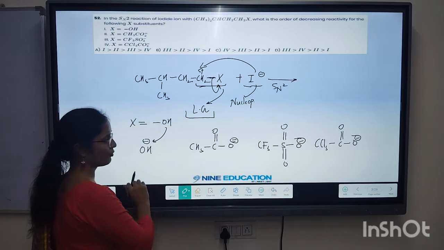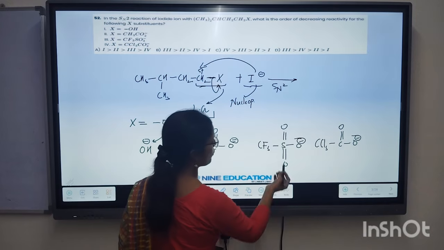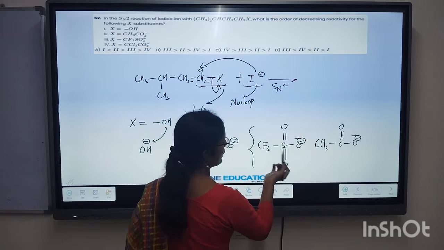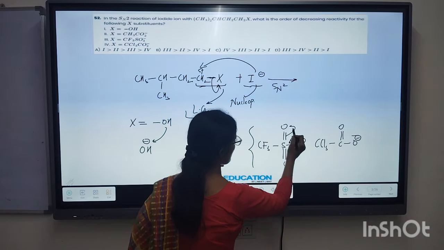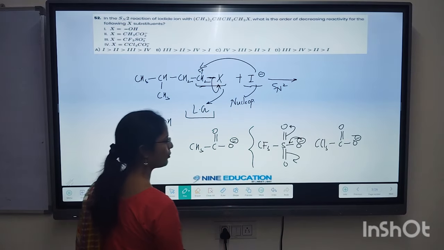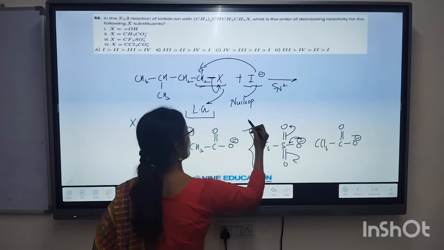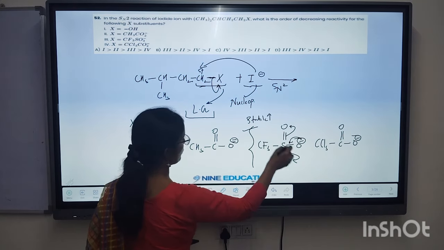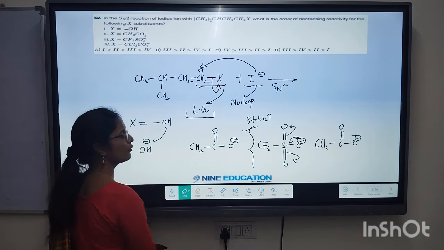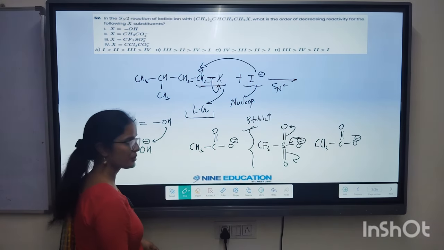Now if you look at these four leaving groups, I hope you can see that this anion is the corresponding anion of sulfonic acid, and in this case the anion is very well resonance stabilized. So this is going to be a very stable anion, meaning this anion will be released very easily from the carbon, meaning it will be easily substituted.